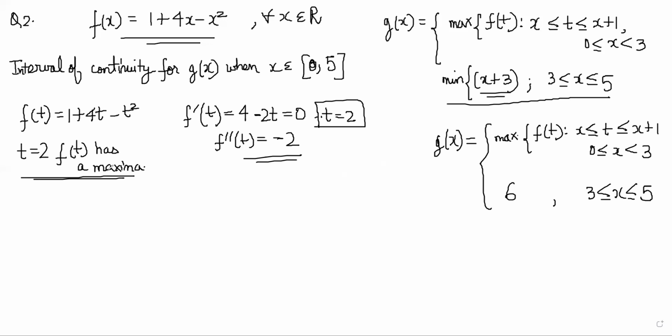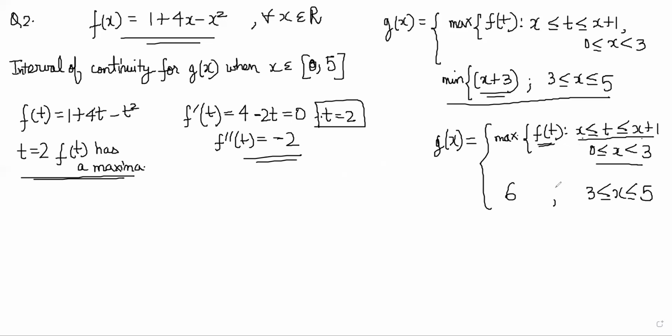So let's think about it. What is the meaning of this part? You have to figure out. t goes from x to x plus 1, and you have to find maximum of ft.